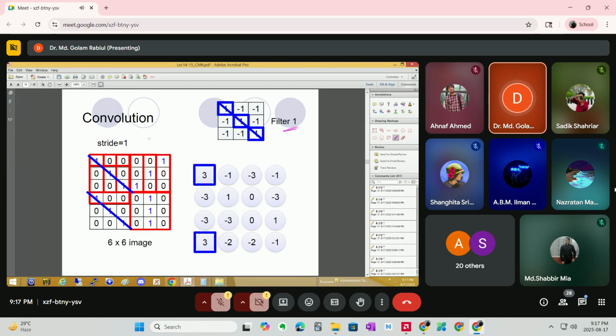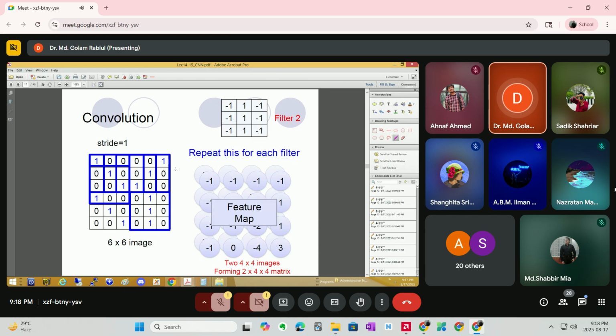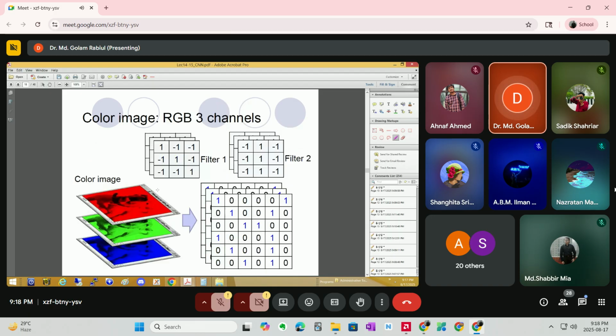So as you can see, for the first filter and stride equal to 1, considering this image, we will get this value. This is our feature map 1 for the first filter. If we consider another filter, then we will get another feature map. In this way, for each and every filter, we will get a feature map.